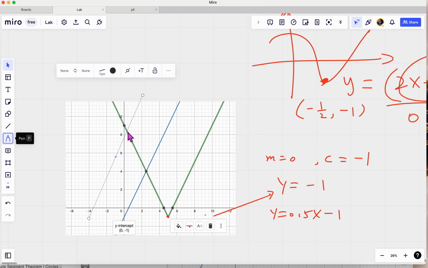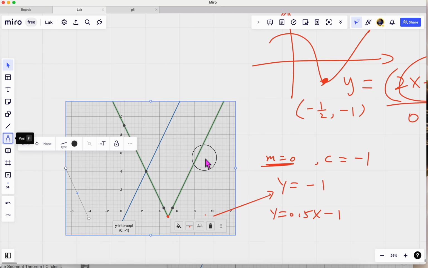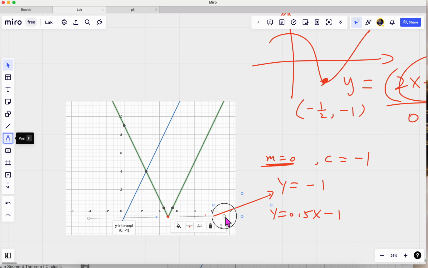So when m equals 0, how many solutions do you have? When m equals 0, which is here, you just look at this, that means 1 solution. So you cannot accept m equals 0, but you can accept more than 0.